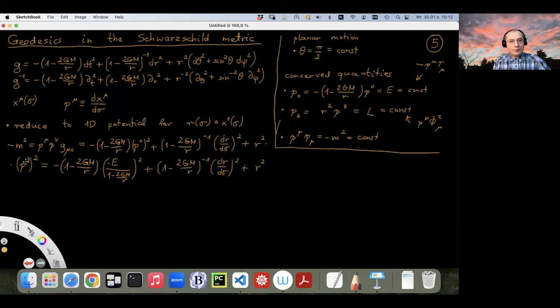And now we want to get rid of p3 squared. That's L over r squared. That's p upper 3. So we can write it as L over r squared squared.